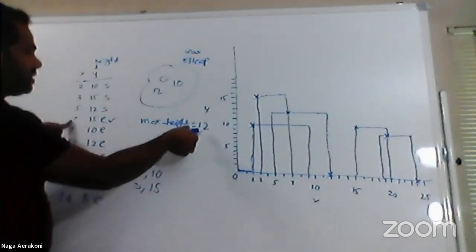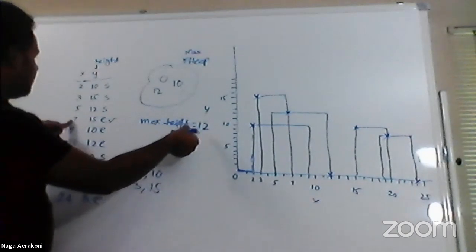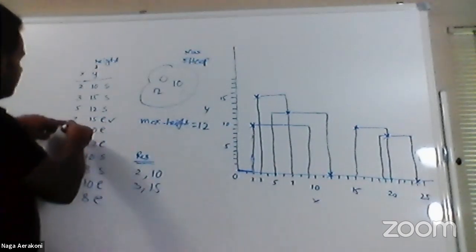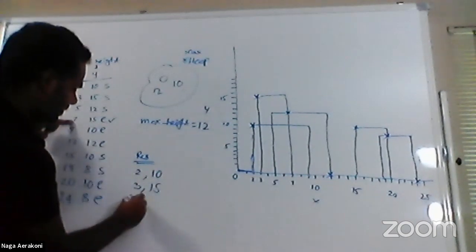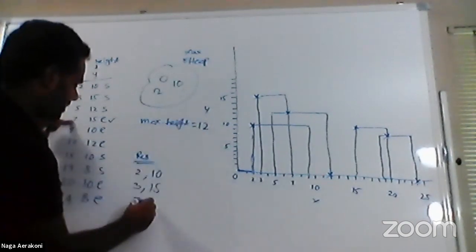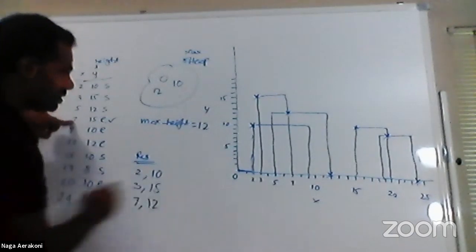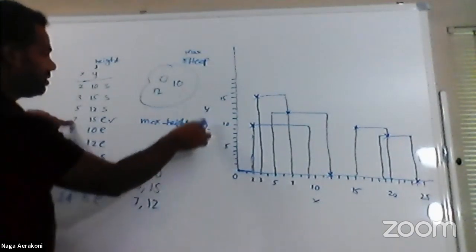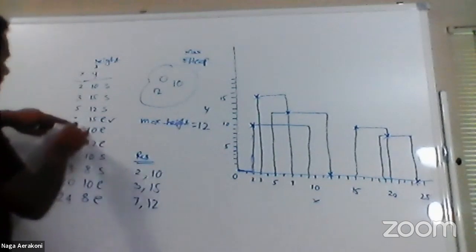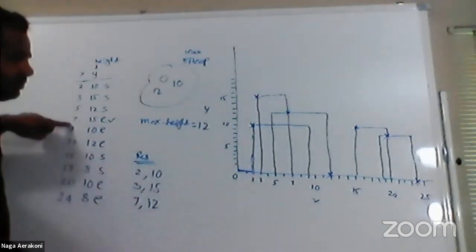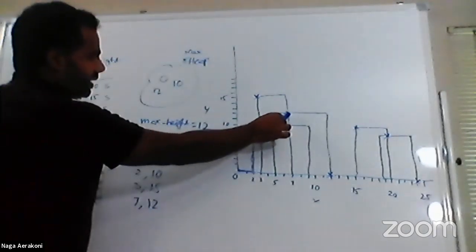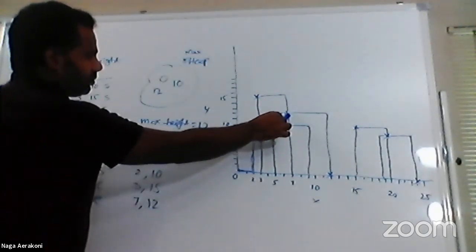So we need to insert this max height with the current end x, 7. So I will insert 7, comma, this current max height, 12. You need to add this to the result because the max height changed and my current x is 7. Is this clear? So I added this point to the result now.